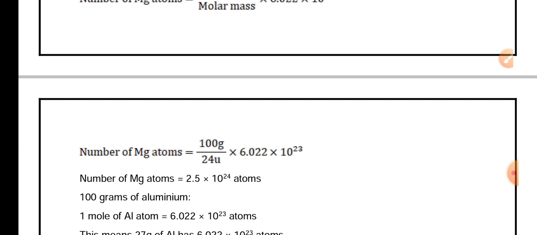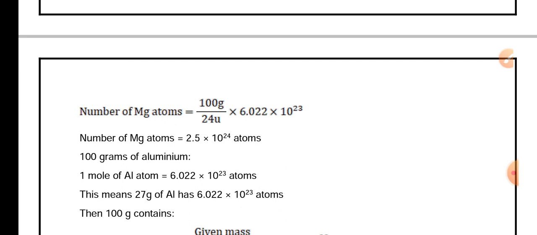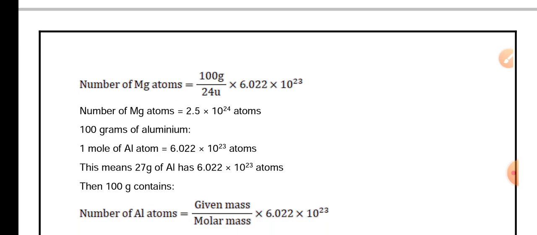For 100 grams of aluminium, 1 mole of aluminium atoms is 6.022 into 10 to the power of 23 atoms. This means that 27 grams of aluminium has 6.022 into 10 to the power of 23 atoms.